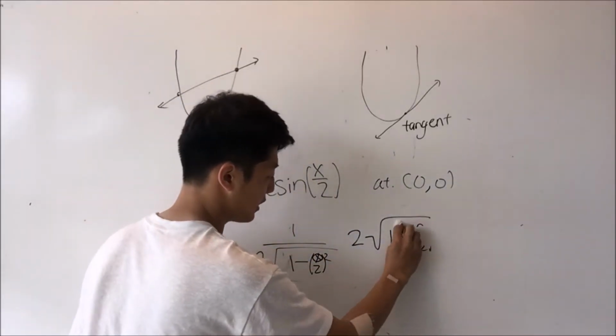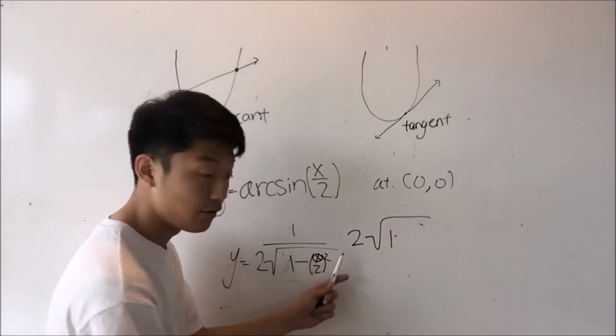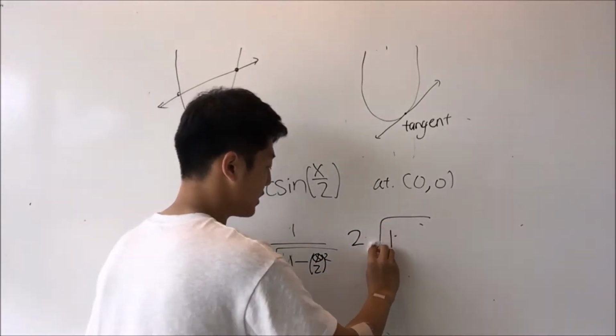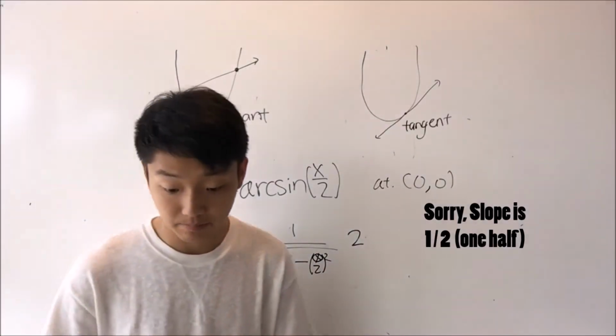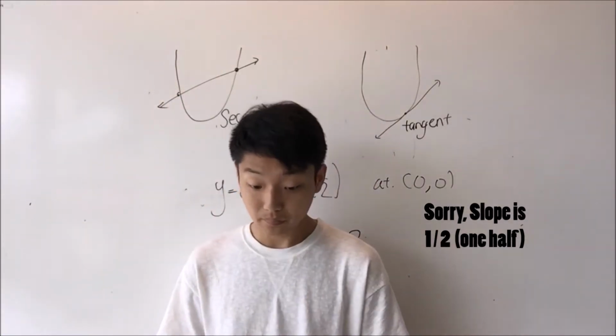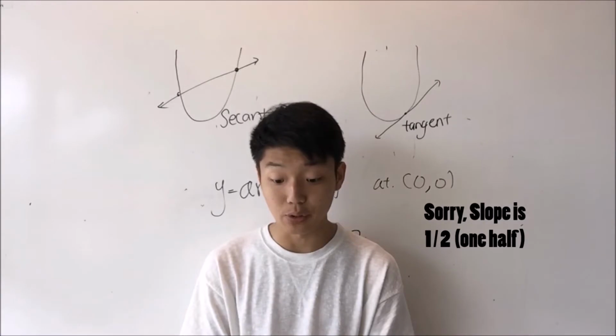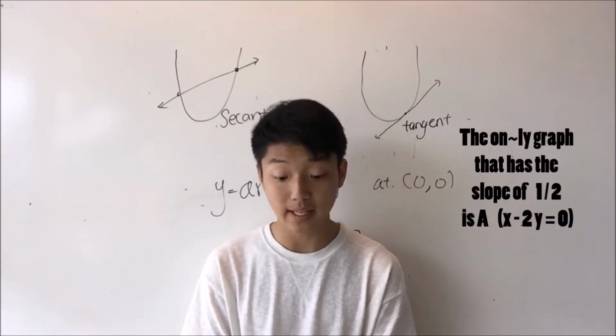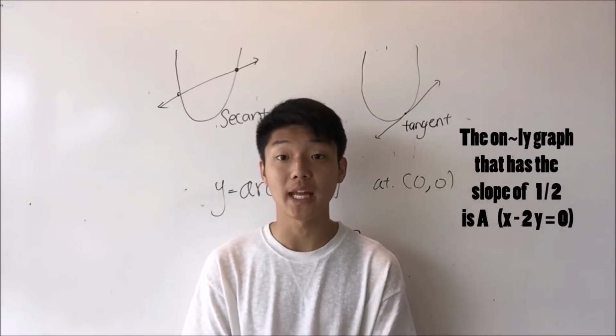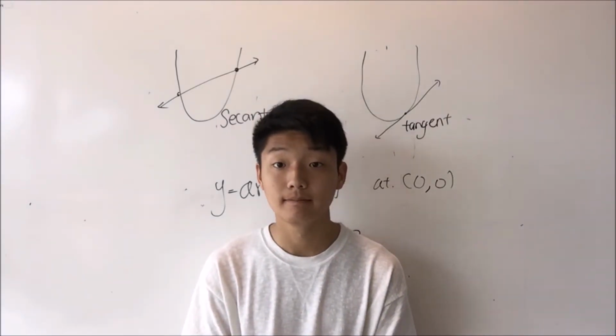So you delete it, and the square root of 1 is 1, so bye bye. The slope becomes 2, right? Looking at options A through E, the only line that has slope 2 is A. So for this problem, A is the only answer.